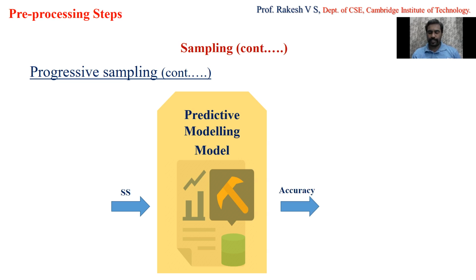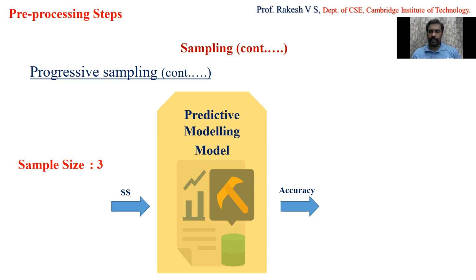We start with a certain sample size and measure the accuracy. We keep on increasing the sample size and compare the accuracy of each sample size. When we see that there is not much increase in the accuracy level, at that point we stop and consider the sample of that particular size.